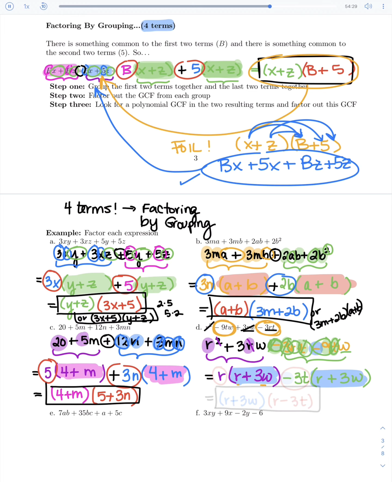Now, notice, had you forgotten to switch the signs because you pulled out the negative, you would catch it right now. Why? Because your two pieces here would not match. They match because we did it right. If they don't match, it's because you made a mistake. So, we can pull out the matching r plus 3w, and what's left over is the r minus 3t. And again, you can go ahead and FOIL this out if you want to double check.